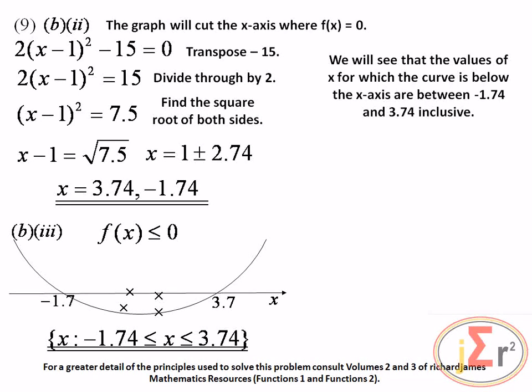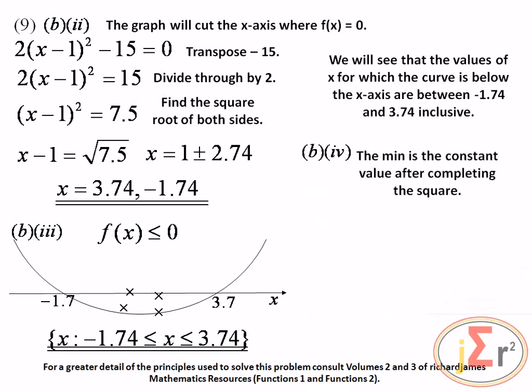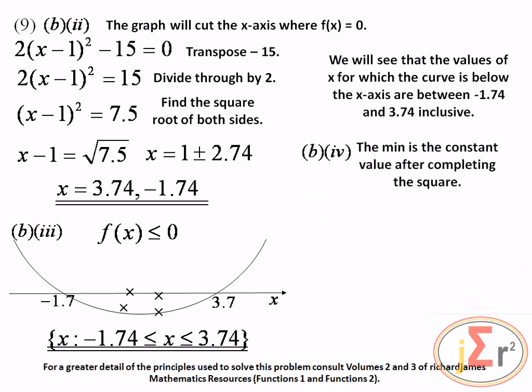We need to determine the minimum value of f of x. The minimum value of f of x is the constant value after we have completed the square. Of course, the completed square is the left hand side of that equation that we have there. So the minimum value is the constant value that we have there after completing the square.